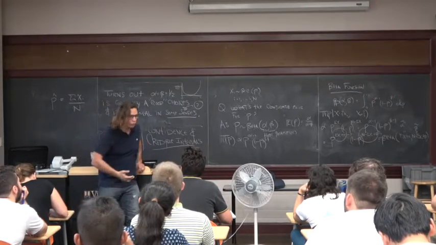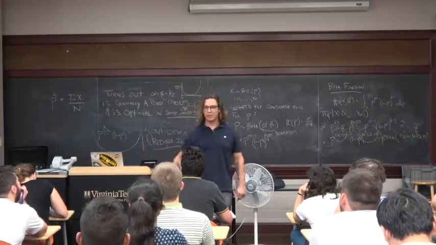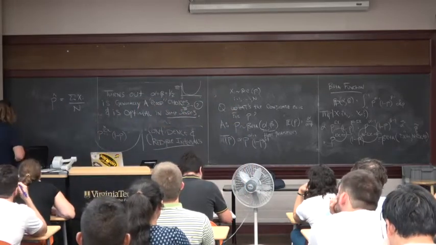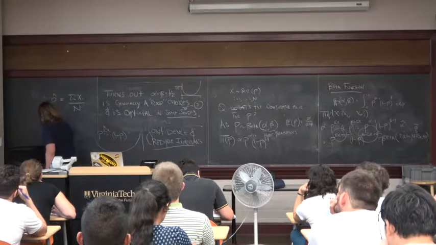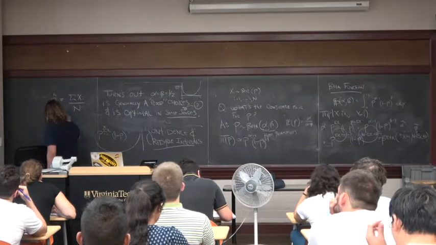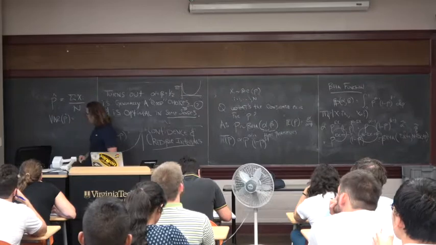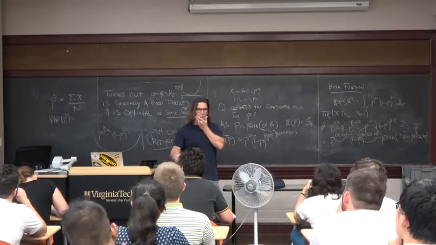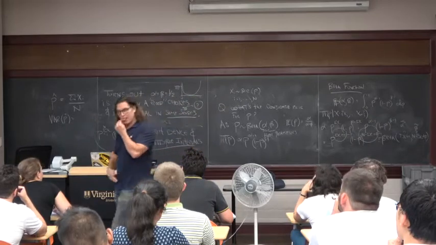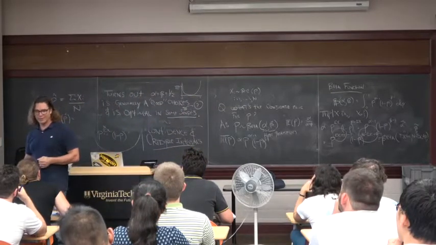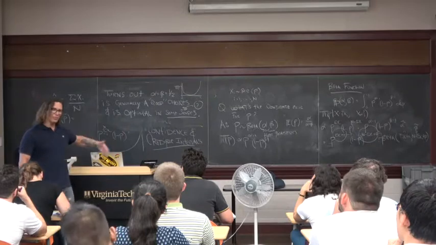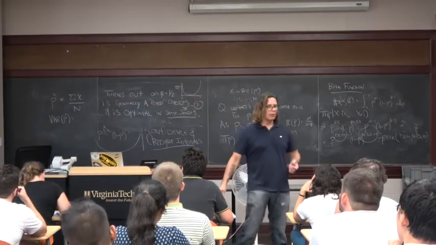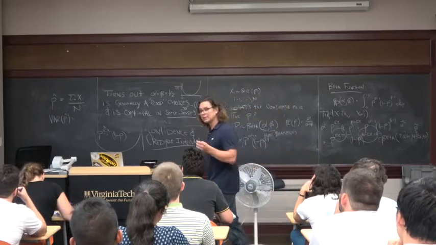A typical way to do this is to compute the variance. So you might compute the variance of p hat. How would you compute it? How much variability is there? It's stochastic, right? It's this random thing that's going to vary around a little bit. So how would I estimate the variance of p hat?